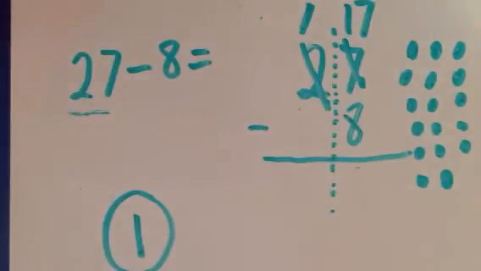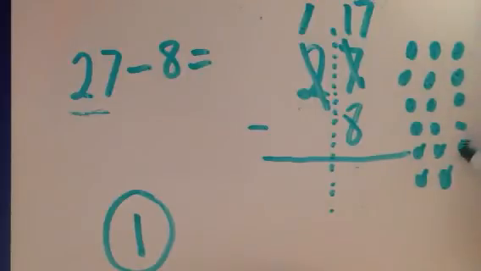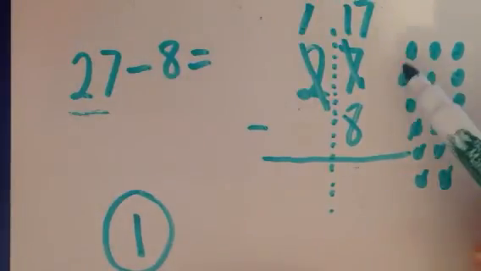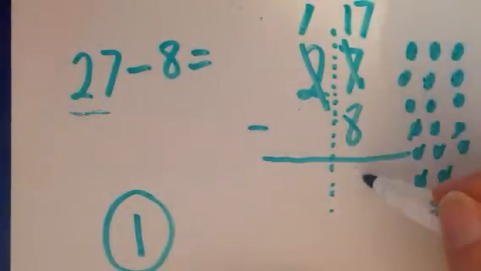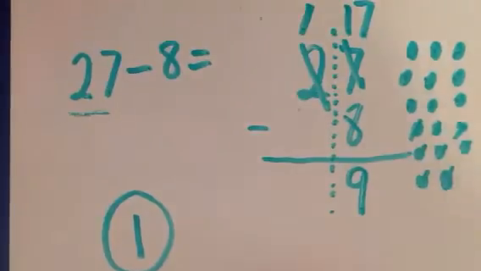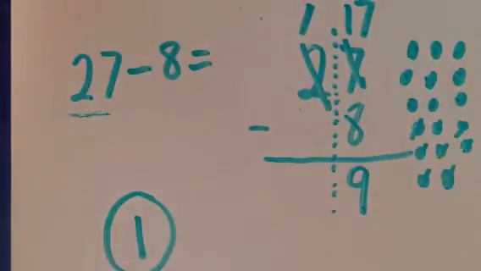Now, can I take 8 away? I certainly can. 1, 2, 3, 4, 5, 6, 7, 8. How many do I have left? 1, 2, 3, 4, 5, 6, 7, 8, 9. And I'm going to put that answer right in my ones place, because that is 9 ones.